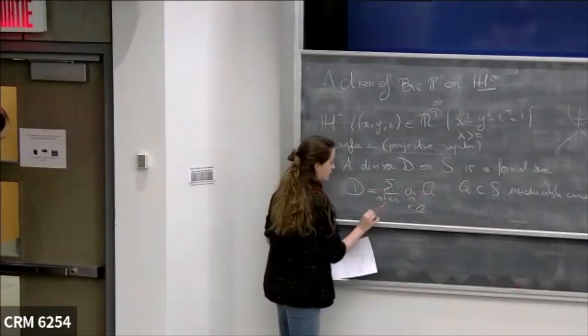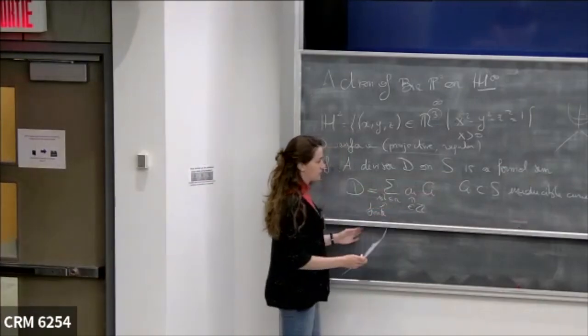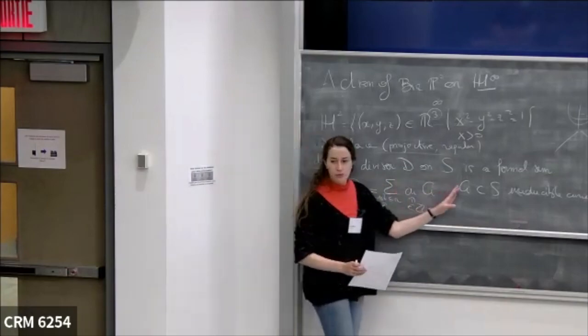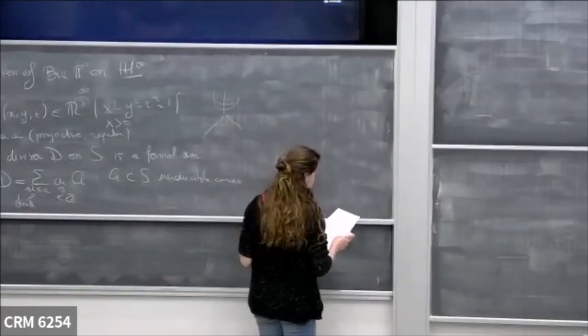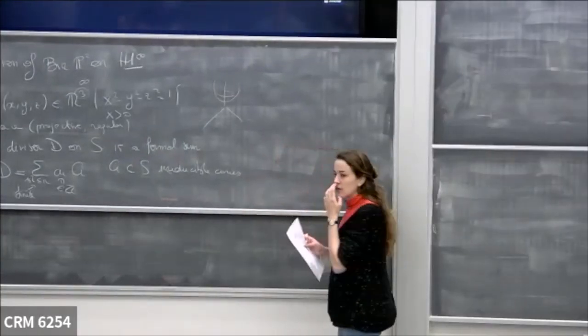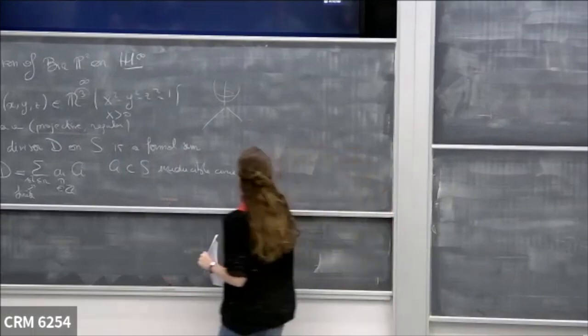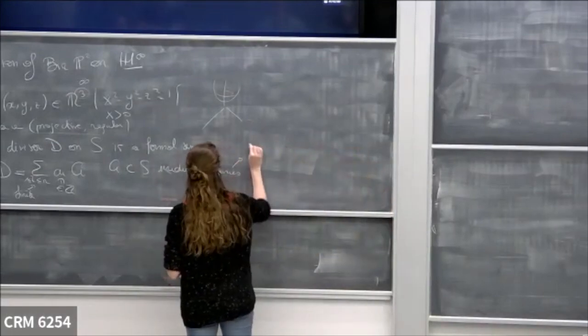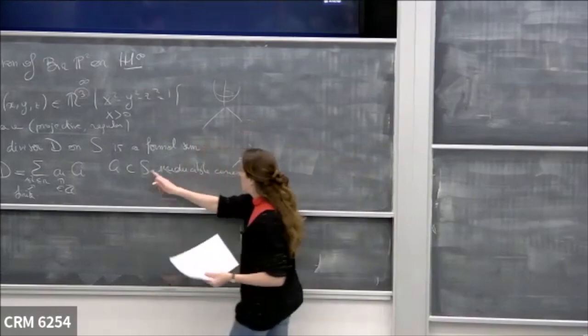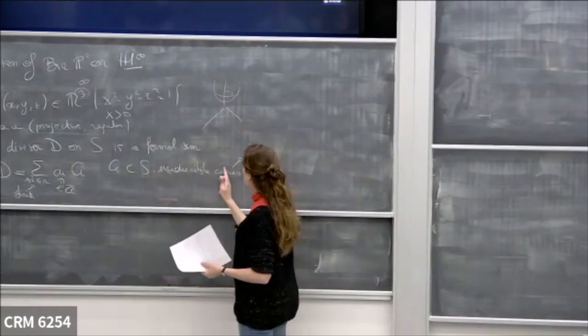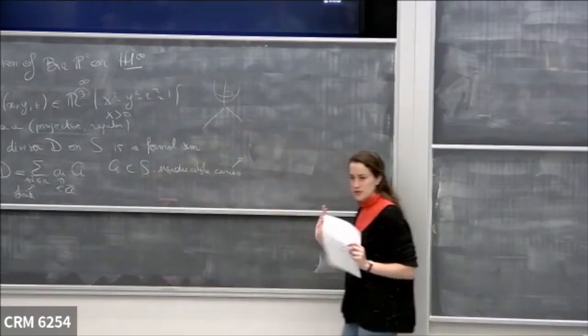And we want this sum to be finite: just a finite sum of curves with some coefficients. What I meant is that if you take a polynomial and you take the zero set of the polynomial, this is it.